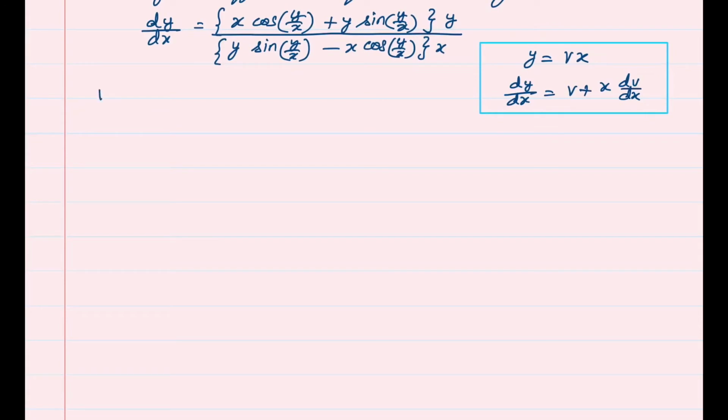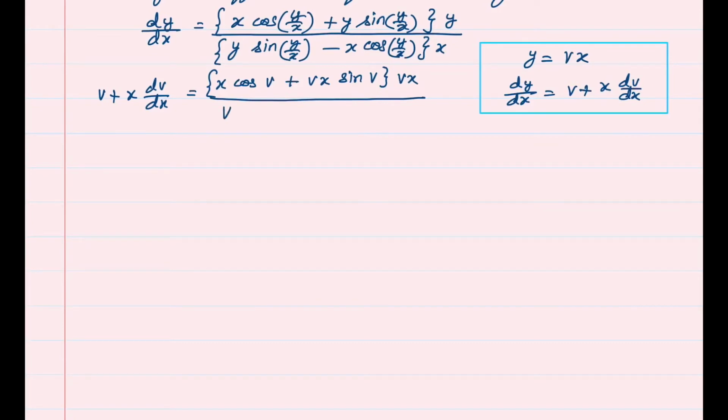Therefore, it becomes v plus x dv by dx equal to x cos of y by x is v plus y is vx, sin of y by x is v, times y is vx, divided by y is vx, sin of y by x becomes v, minus x times cos v times x.